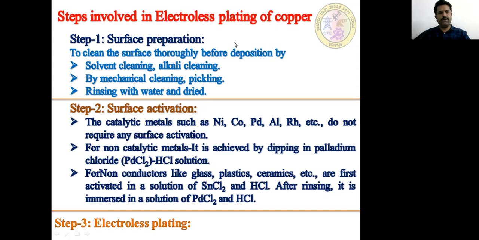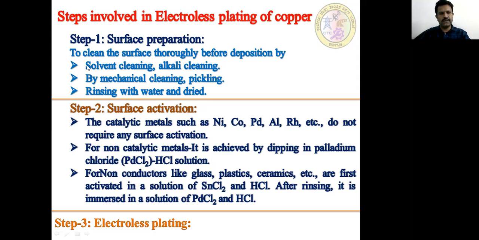Because before going for electroless plating, the surface of the substrate must be very clean. So we should clean the surface by using some organic solvents and alkali like sodium hydroxide or sodium carbonate solutions.